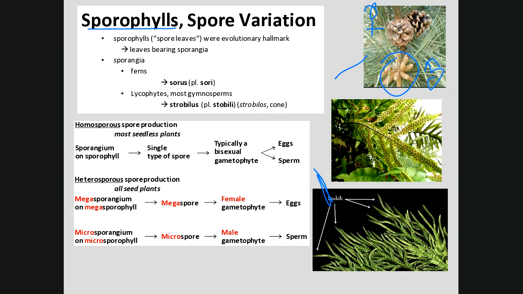So the cone is the microsporophyll, makes microspores, they make the male gametophyte. And of course, as I said, that produces the sperm. Okay? Now, we're going to see these terms a lot, especially when we talk about them in lab, so make sure you take a look at them and you're familiar. Just remember, mega is going to be female. Like the female egg, even in animals, is almost always, I believe, bigger than the sperm in all cases. I'm not aware of where it's the other way around.